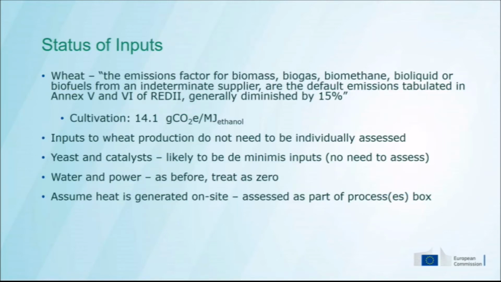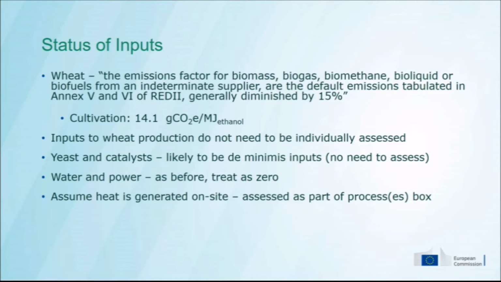So the status of inputs, wheat. One point we wanted to make here is that the emissions factor for biomass, biogas, biomethane, bioliquid, or biofuels from an indeterminate supplier are the default emissions, which are in Annex 5 and Annex 6 of the new Renewable Energy Directive, which came out in November 2018, but generally diminished by 15%.